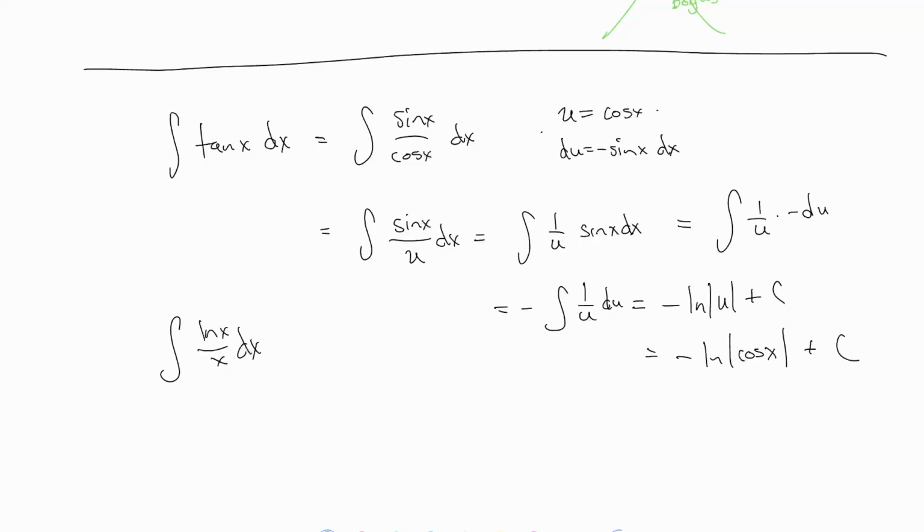This is the integral of tangent. I do not suggest that you memorize this, although I guess some people know this formula. Any questions about that? This is an interesting example in my opinion. This is an example where the natural log just kind of comes out of nowhere. In the original formulation here, this is just a tangent by itself, doesn't have anything to do with the natural log.